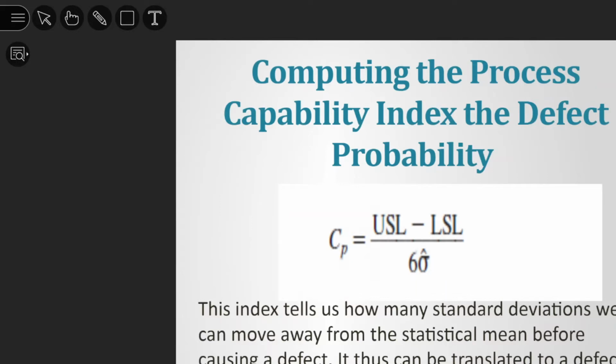So this capability index was USL minus LSL divided by 6 sigma hat. So utilizing this formula, if we were given capability index and target to minimize the number of errors per million, we could calculate what in this particular case our sigma has to be.